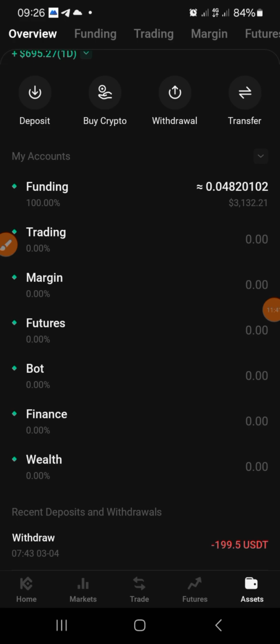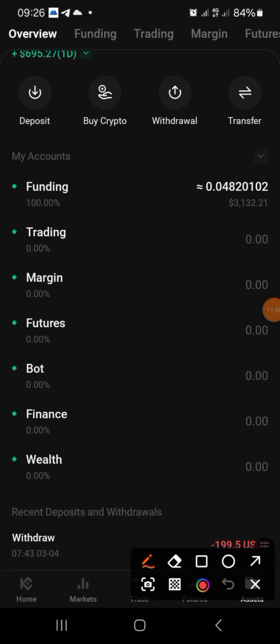You can see I have about $3,000 here. It's going to be in your funding wallet, so you need to transfer this from your funding wallet to your spot wallet to be able to trade. So this is what you do. This is the funding I'm talking about.